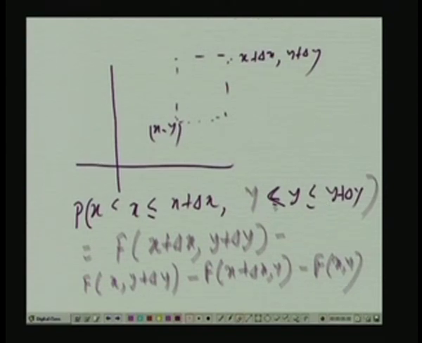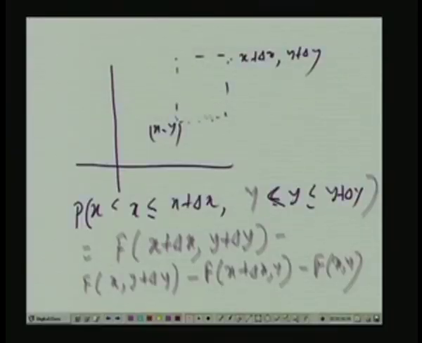If I divide this total probability of x y falling within this zone by delta x times delta y, and let delta x approach 0, delta y approach 0, then what we get is nothing but the probability density. That is the meaning of this partial derivative actually. When I say del square f del x del y, it means find out, in a rectangular area of sides delta x and delta y located at point x y, what is the probability?